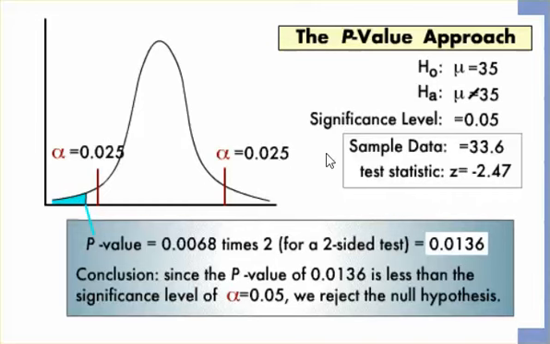If it was just a one-tailed test, we would just have a value here. Alpha would be 0.05 over here. With one-tailed tests, you don't have to be concerned about what values are in either tail, just with a two-tailed test. And I think that'll become a little bit clearer as I go on.